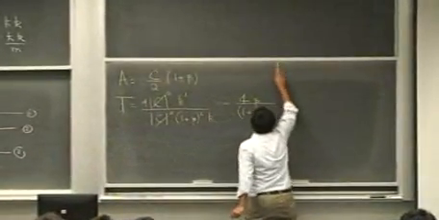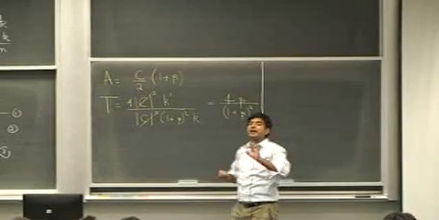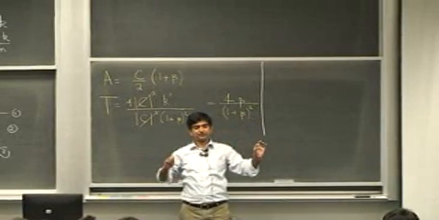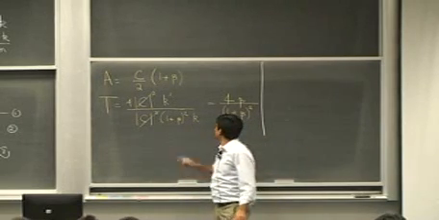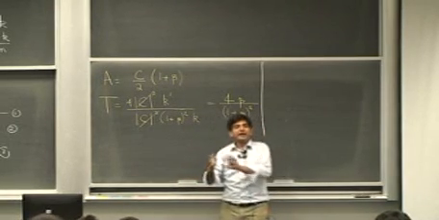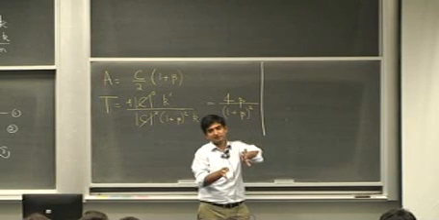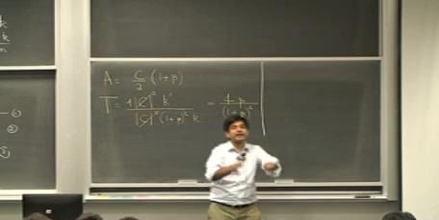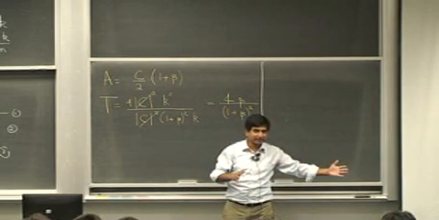Alright, so this is the transmission probability. If I have one particle, the probability that this particle is going to move forward is this much. If I have 100 particles that strike this potential barrier, then 100 times T of those particles will be transmitted. Alright?